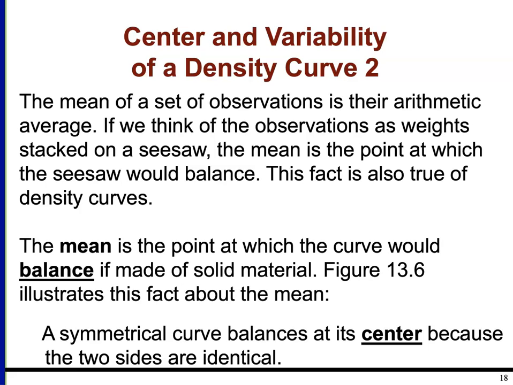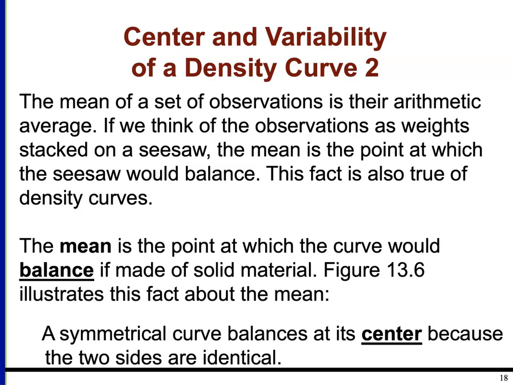The mean is where the seesaw would balance. So here, the mean on a density curve is the point where the curve would balance if it was made of solid material. It's not an equal area like the median is, but it's this balancing point looking at all of the weights of all of the different values.